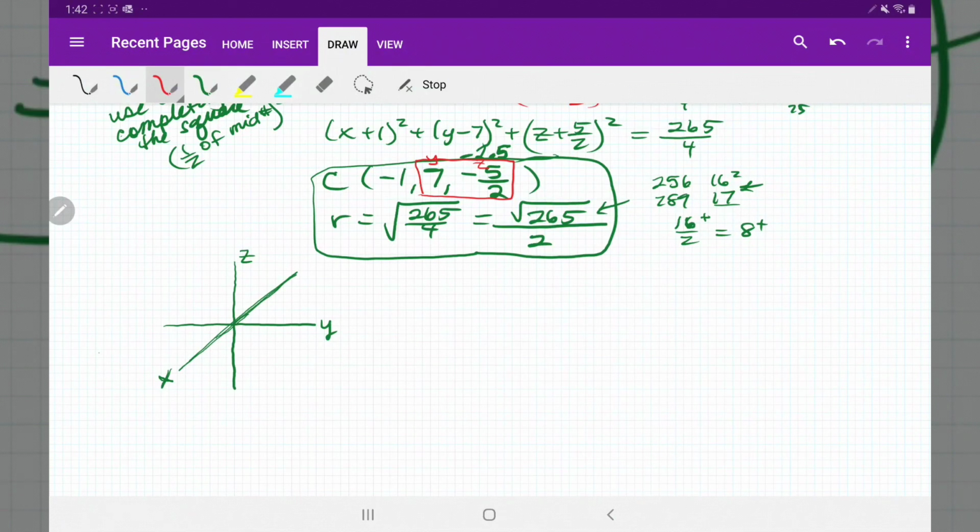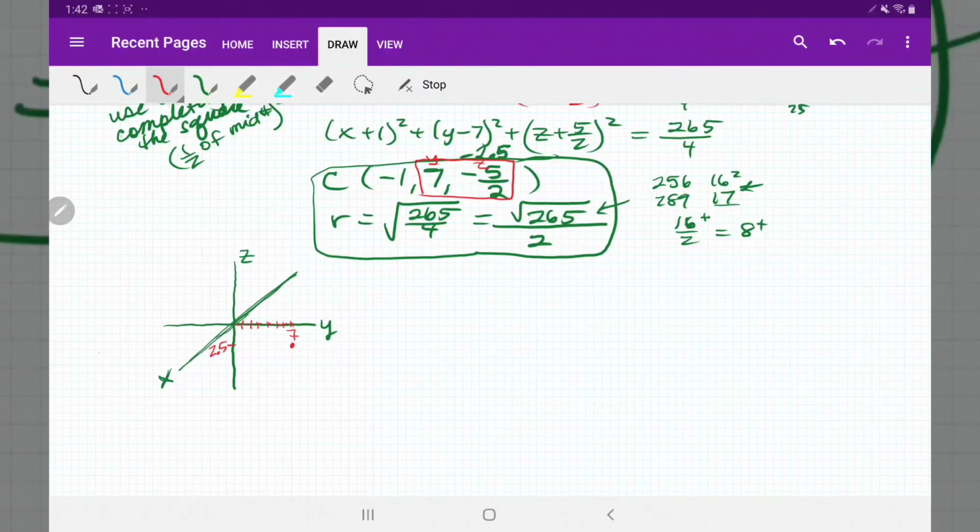Now, how are you going to draw yourself a sphere? Okay, so we said it's about 8. It's a little more than 8. So we have to go up 8, but that's hard to do. It's hard to estimate where up 8 is.